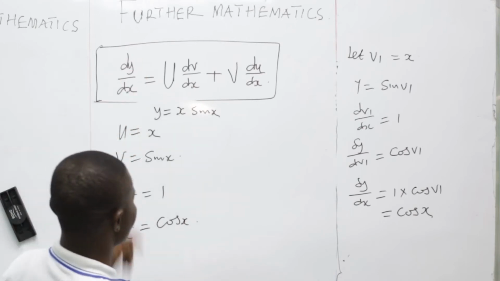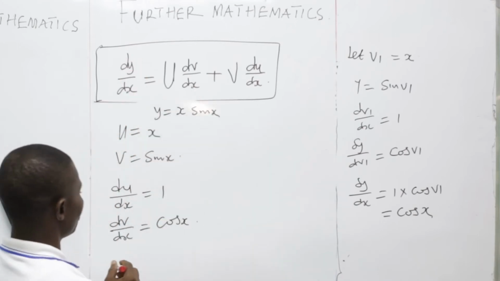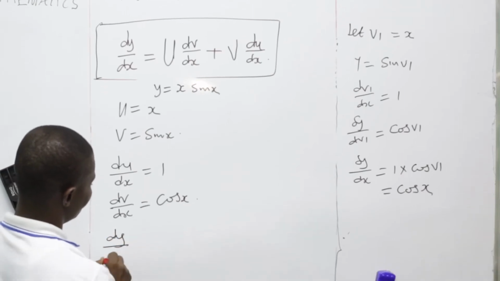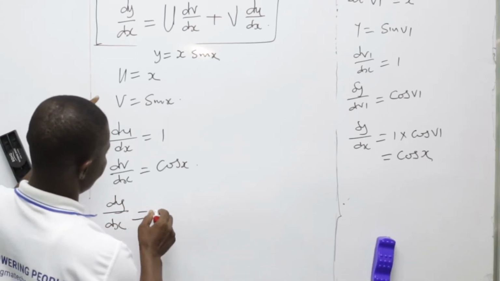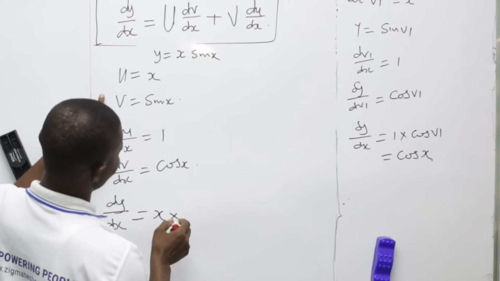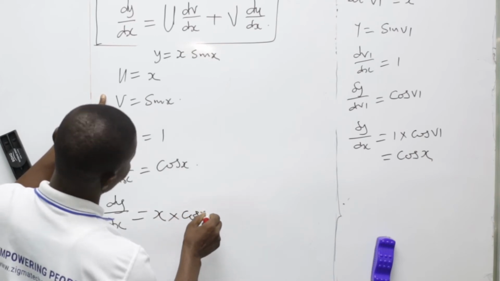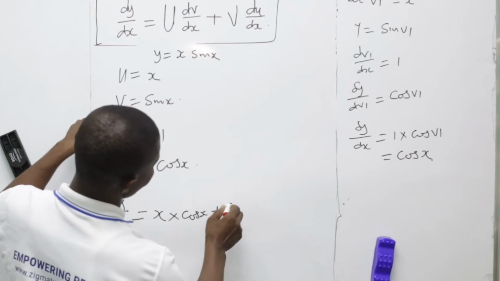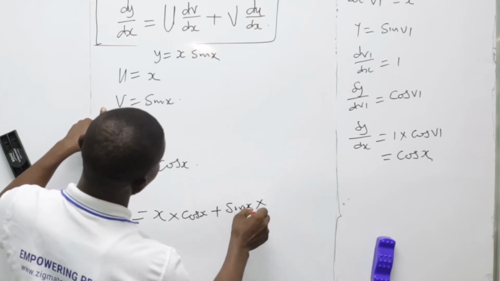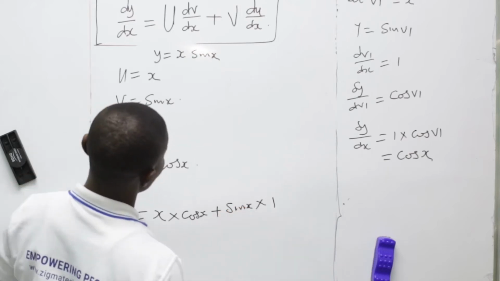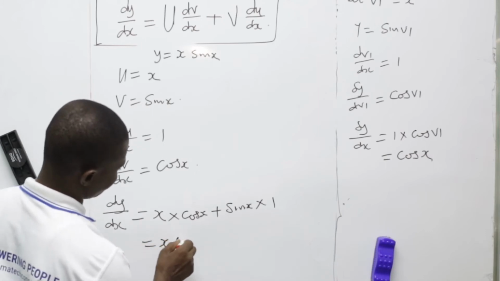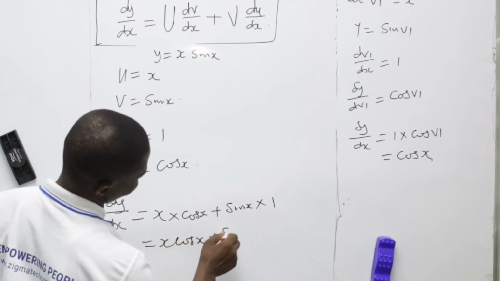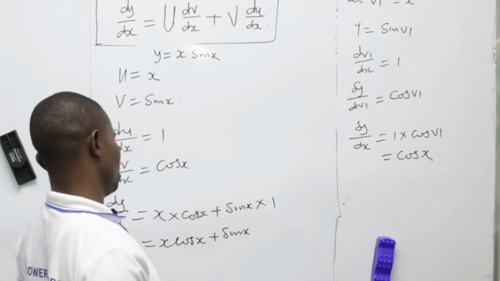Now we want to apply it here in our formula. What is u? u is x, all right? Multiplied by dv/dx, which is cos x, plus v, sine x, multiplied by du/dx, which is 1, to give us x cos x plus sine x.